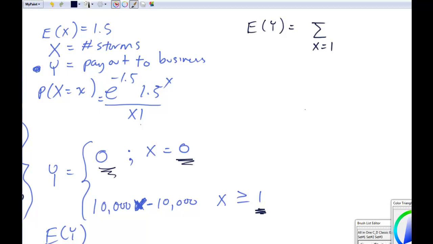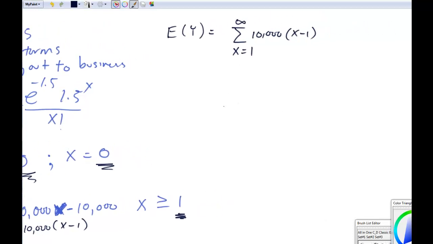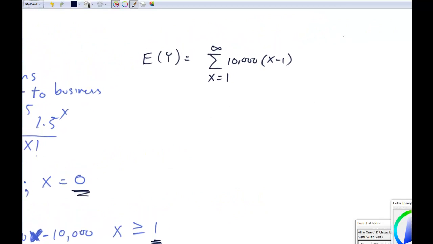So we're starting from x equals 1 all the way to infinity of 10,000 times x minus 1, and then times the PDF, which is e to the negative 1.5, 1.5 to the x all over x factorial.